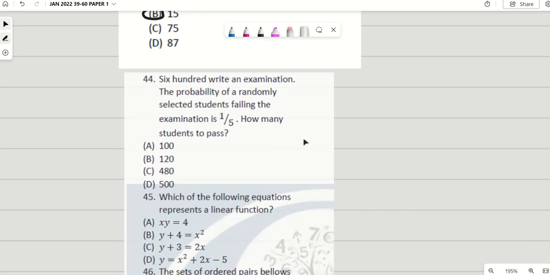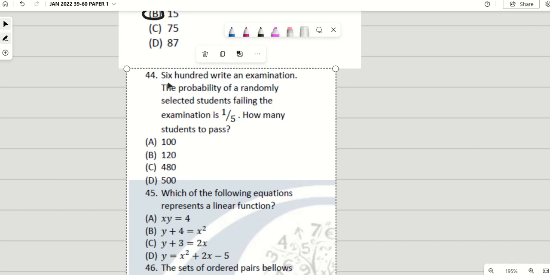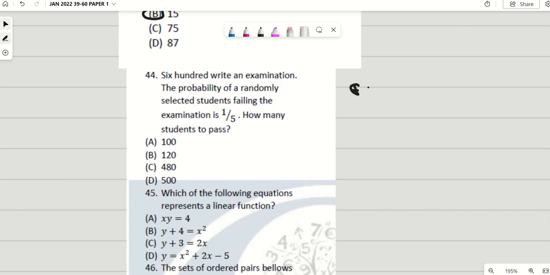Right, let's look at number 44. 600 students write an examination. The probability of a randomly selected student failing the examination is 1/5. How many students pass? Now we know that failing is equal to 1/5.